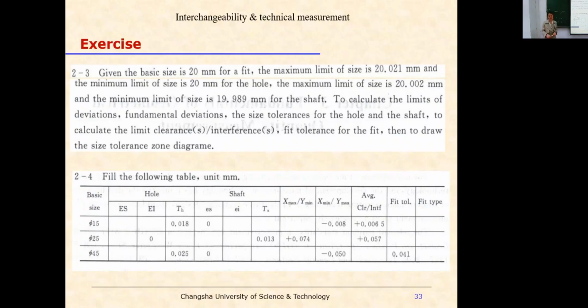So the average clearance equals this value, from this equation in the book.